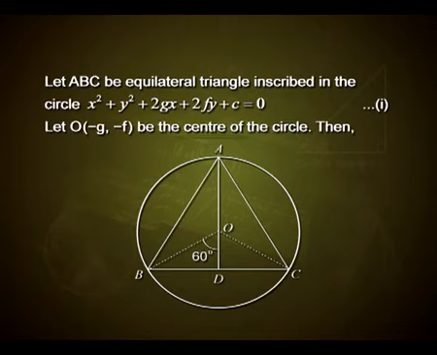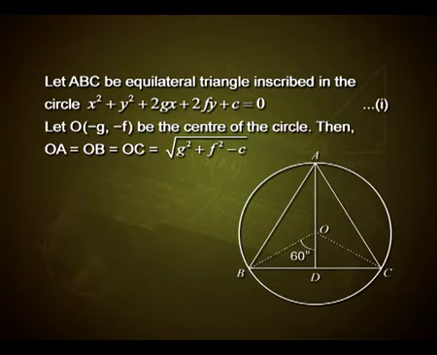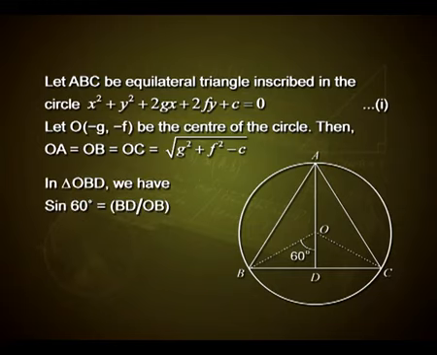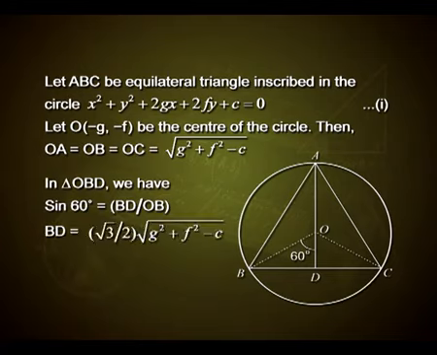Let O (-g, -f) be the center of the circle. Then OA = OB = OC = √(g² + f² - c). In triangle OBD, we have sin 60° = BD/OB, that is BD = (√3/2)·√(g² + f² - c).